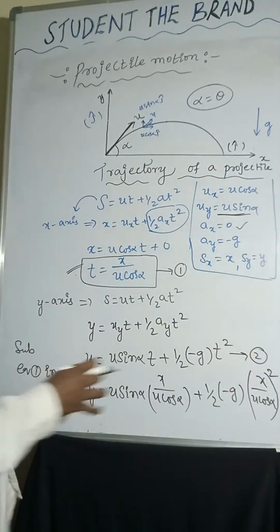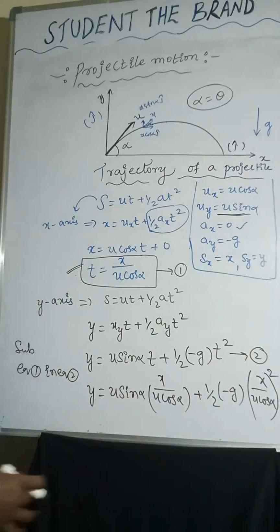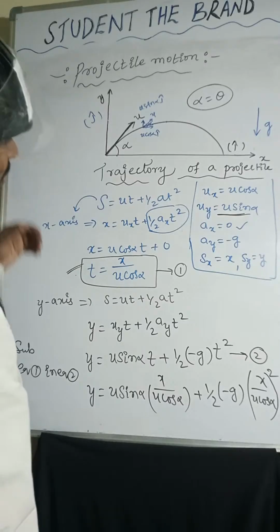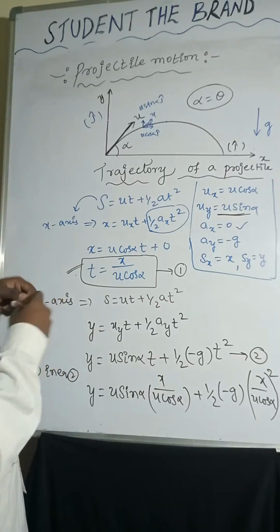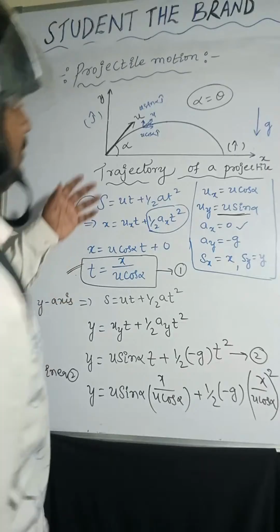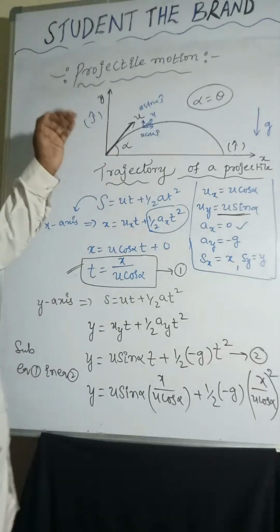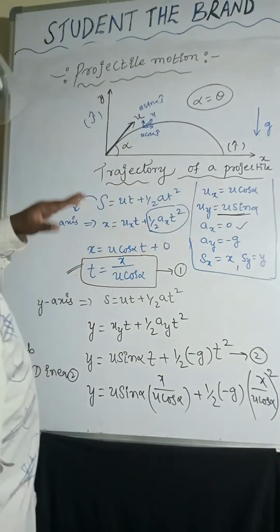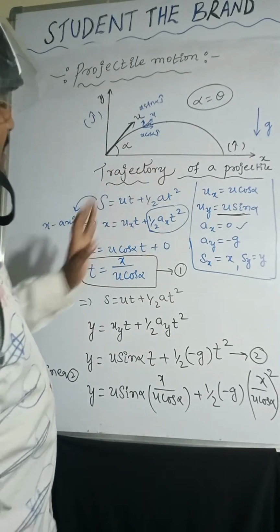Now, how will you get the final equation? Listen carefully here, I'll explain once again. We are finding the trajectory of a projectile, the path of the projectile. We know s equal to ut plus half at square.